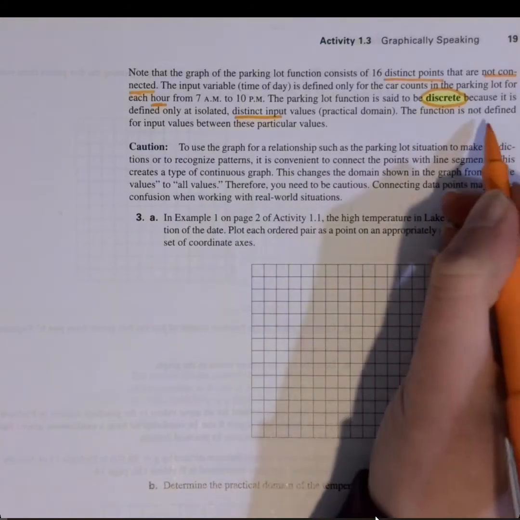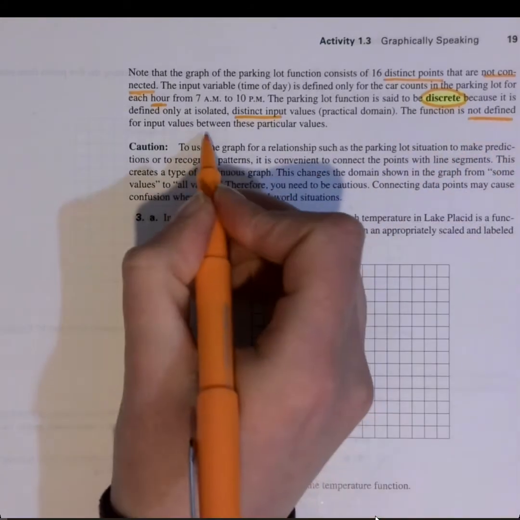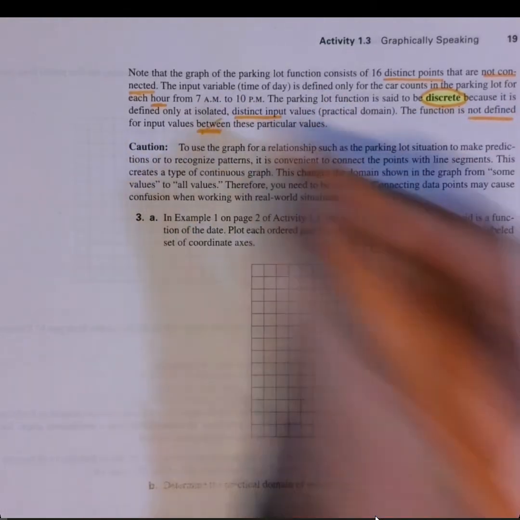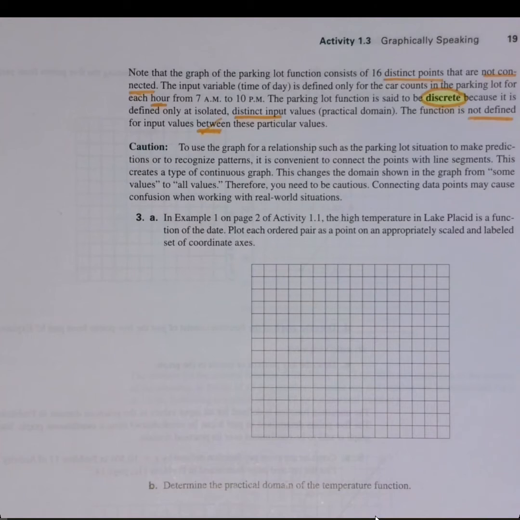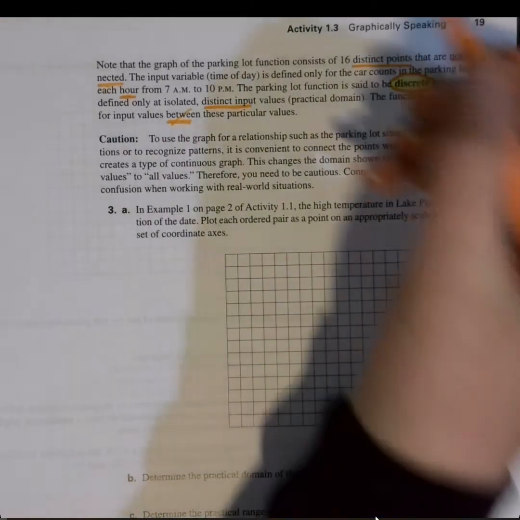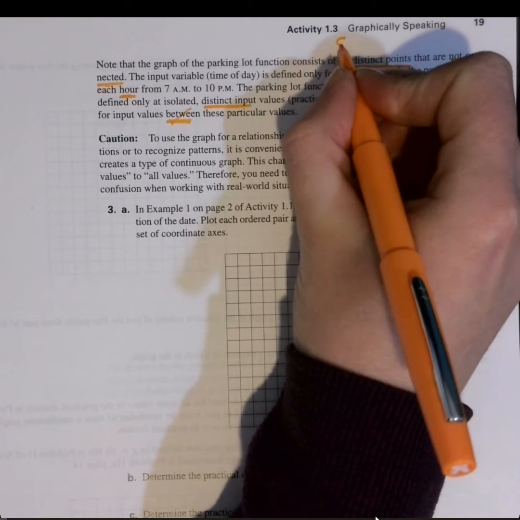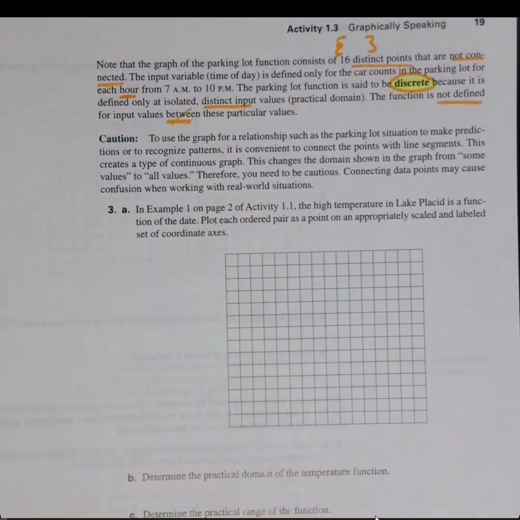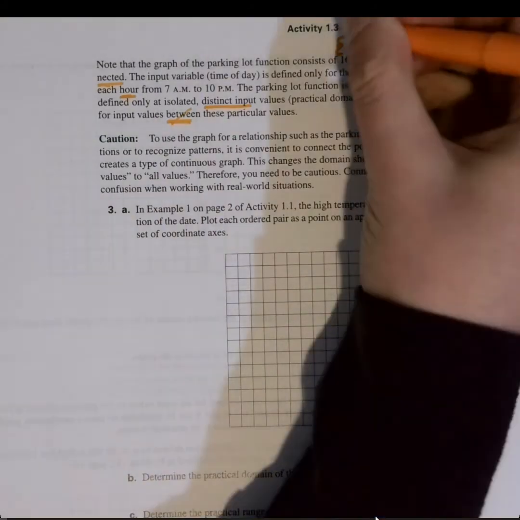It's not defined between these particular values. That's what it means to be discrete: defined for distinct, isolated points, not between them. And so for discrete, we use those curly braces in our notation, and we use a list of values.